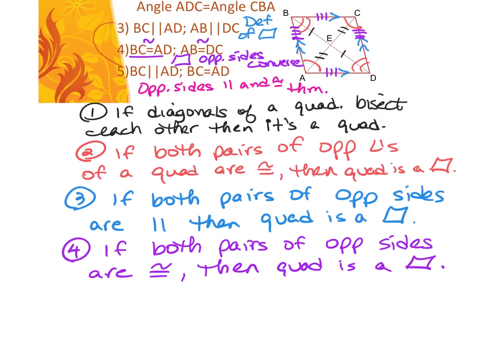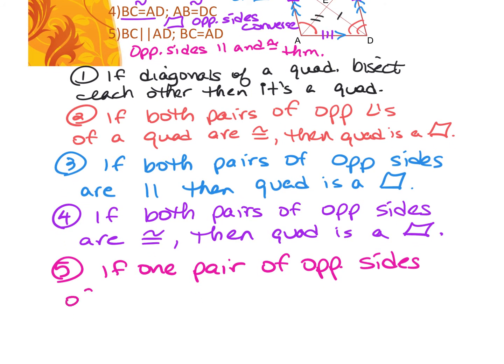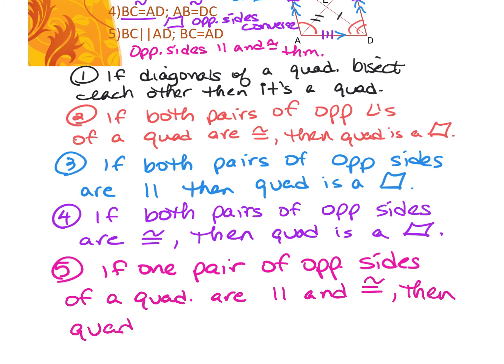And what this one states is that if one pair, and it's got to be the same pair, one pair of opposite sides of a quadrilateral are both parallel and congruent, then the quadrilateral is a parallelogram.